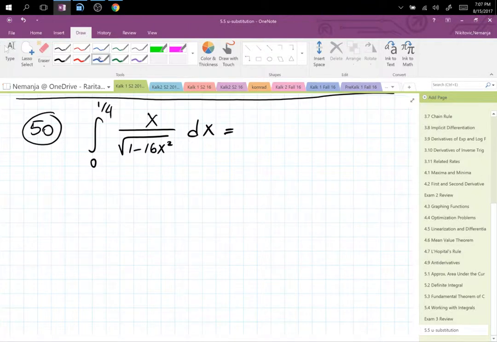What should I put as u? x squared? Nope. 1 minus 16x squared.